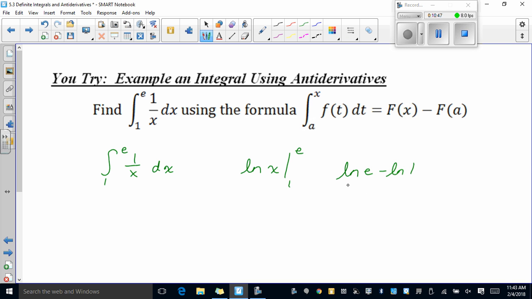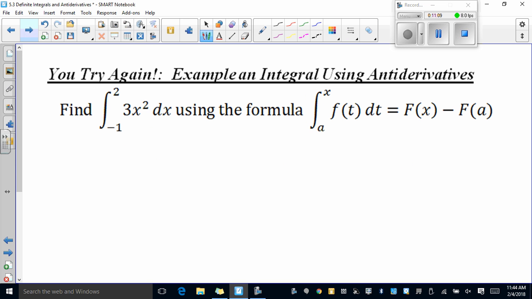Okay, let's try another one. I have the integral from negative 1 to 2 of 3x squared dx. This is when I get to remind you, this is the power rule.